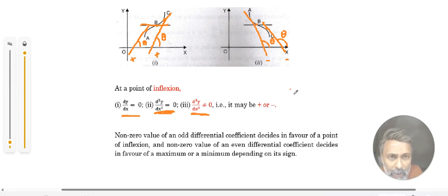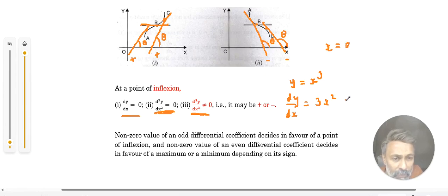Let's take an example. Say we write y is equal to x cube. Its first derivative, dy upon dx, is equal to 3x square. Let us equate it to 0, and on solving this you get x is equal to 0.